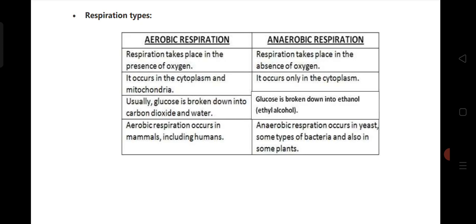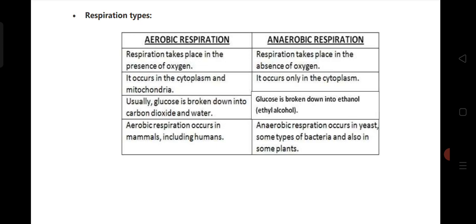The last difference is that aerobic respiration occurs in mammals including humans, since we respire in the presence of oxygen, and whatever breakdown takes place occurs in the presence of oxygen. Anaerobic respiration occurs in yeast, which is the most important example, and also in some types of bacteria and some plants.